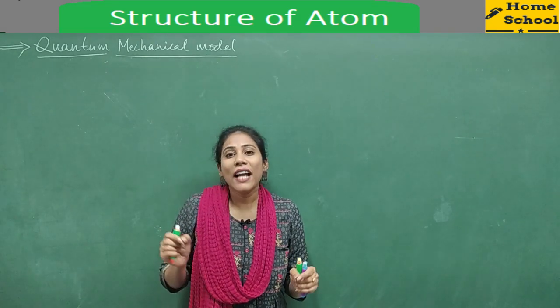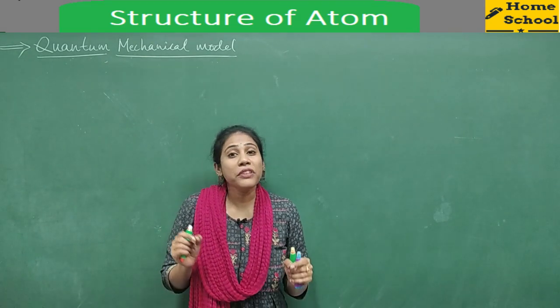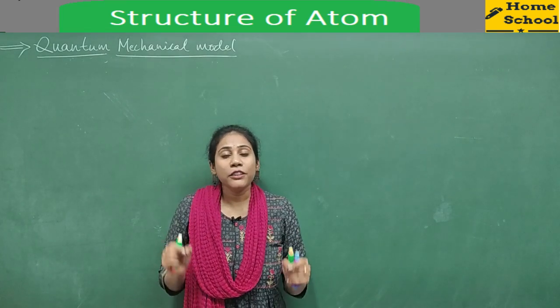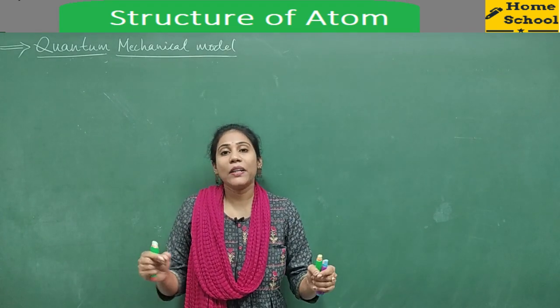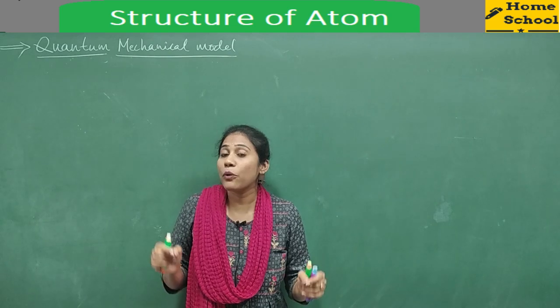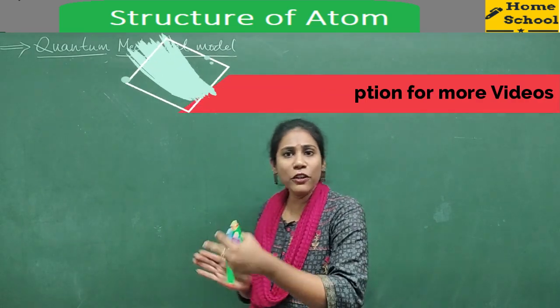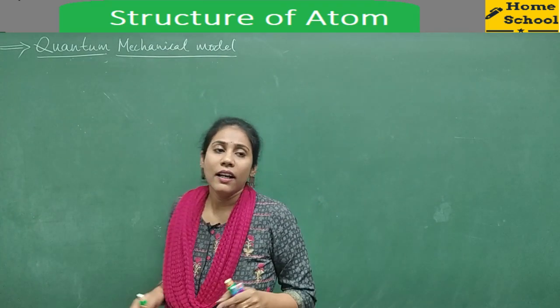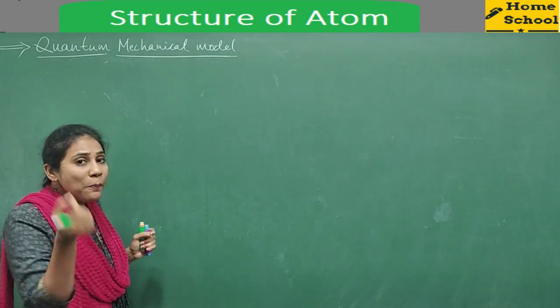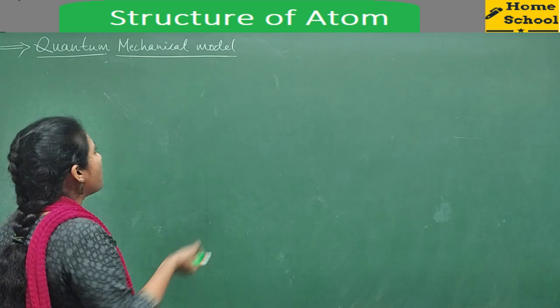And today, we are going to study one of the important and very valid atomic models, that is the quantum atomic model. Clear? Fine. Before we go for the quantum atomic model, let us revise one point that Bohr's model said.